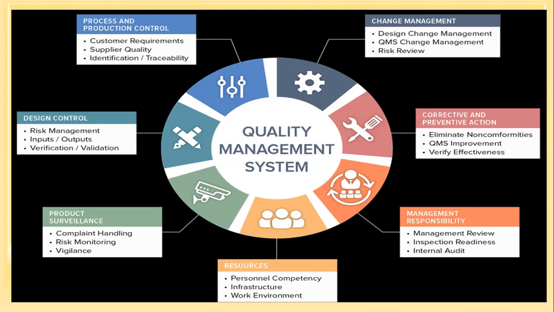They also look at resource planning, right? Resource planning, infrastructure planning, work environment, everything they look into. Product surveillance will also be there, complaint handling, risk monitoring, vigilance, right? How they are handling the workmen, handling the project, handling the material, everything will be looked after by QMS.